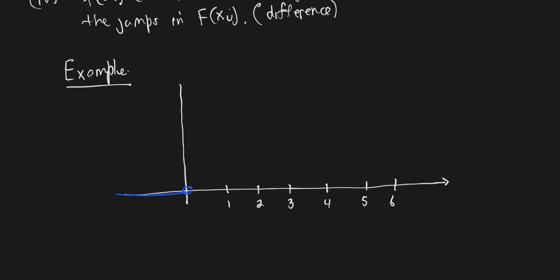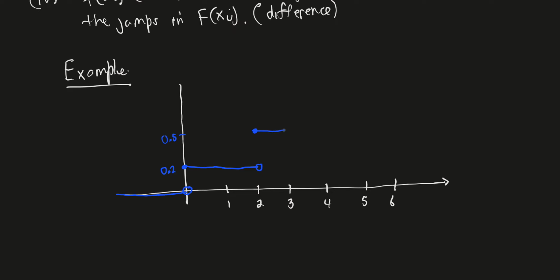So let's say it has a jump right there at 0, and let's say it jumps up to, let's say this is 0.2, and then it's constant all the way here, and then it jumps up to, let's say, 0.5, right?